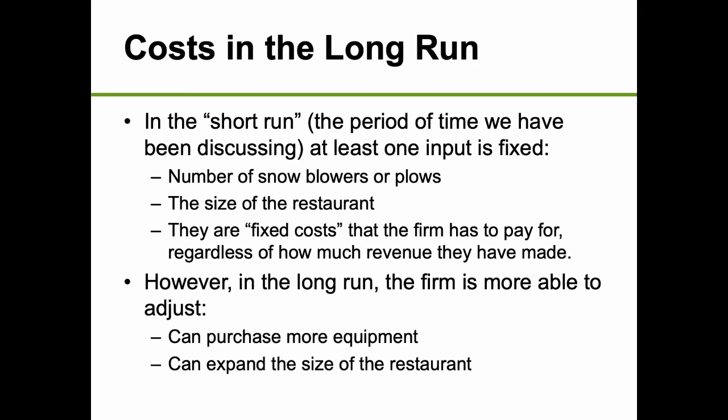It can expand the size of its restaurant. It can buy another garbage truck. And so in the long run, because you're able to adjust, everything is considered to be variable. All of your inputs can change in quantity and in quality. Everything in the long run is variable.